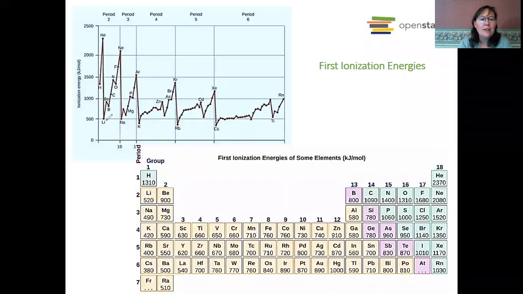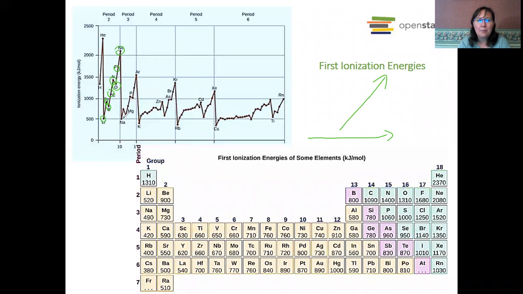All right, so let's take a look at some of these exceptions. Come down here. You see how we have lithium? Now you would expect it to go up as we go across the chart. But look, here you have lithium up to beryllium, down to boron, up to carbon, nitrogen, down to oxygen, up to fluorine, neon.